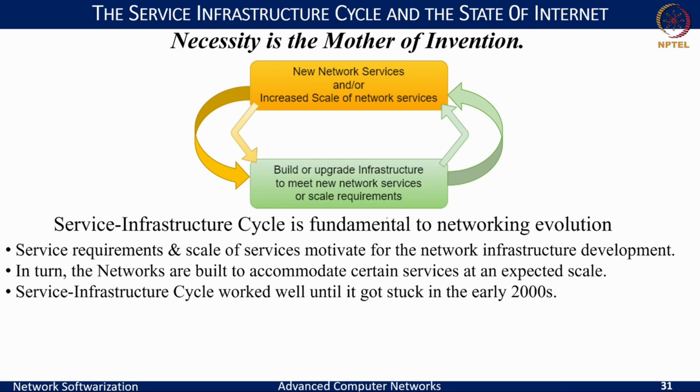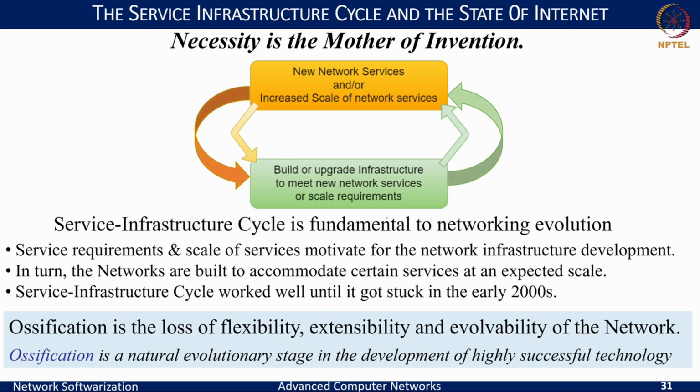And this cycle got stuck in the early 2000s, making many network researchers and the network community think of alternatives on how this impasse could be broken. And this, in a sense, led to what we call ossification, or the loss of flexibility, extensibility, and evolvability of the network.